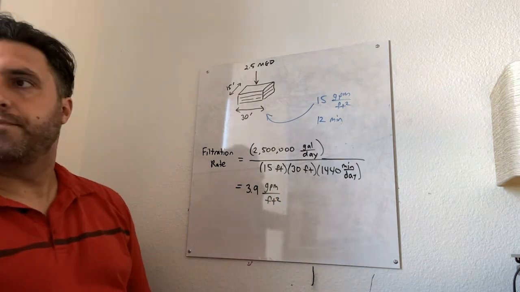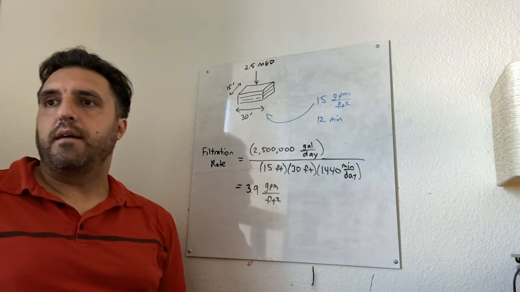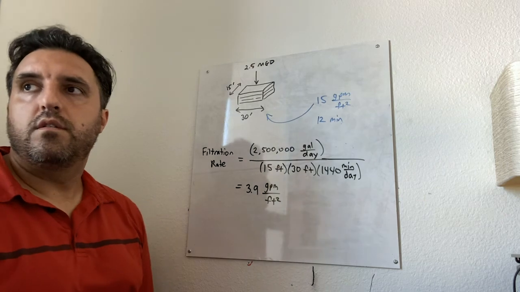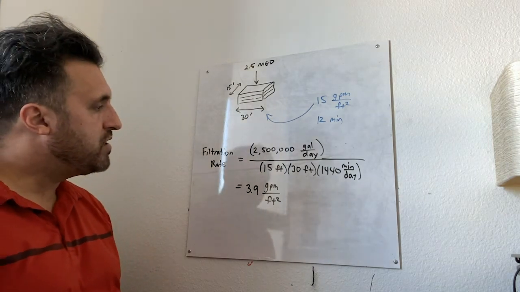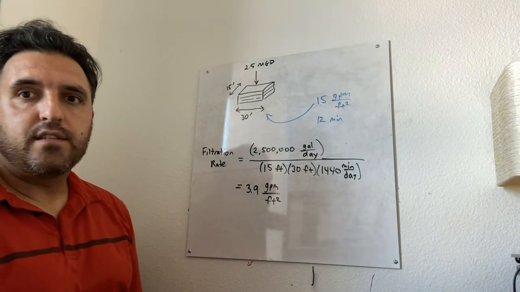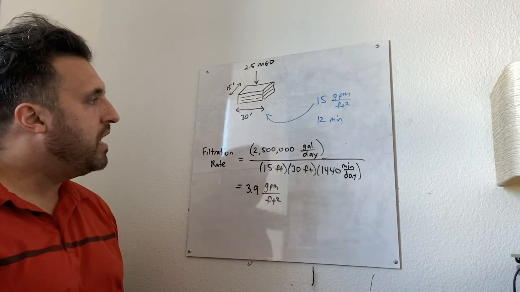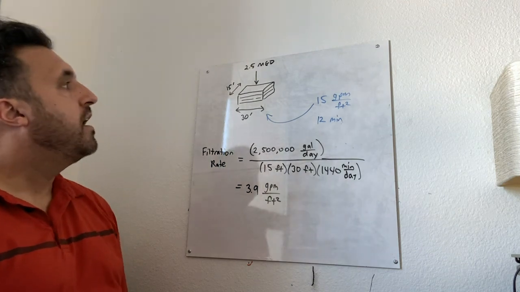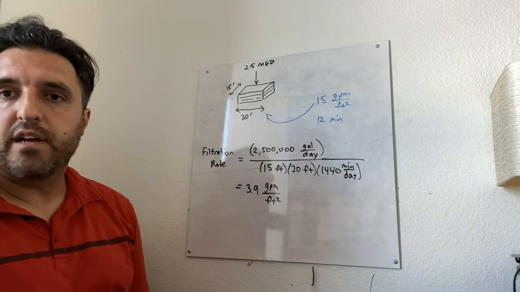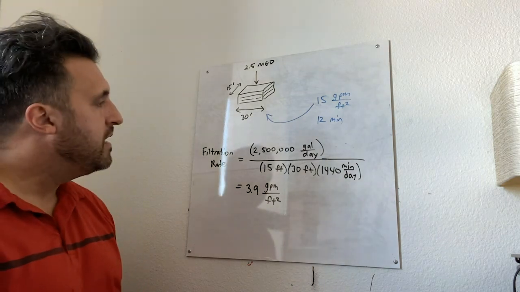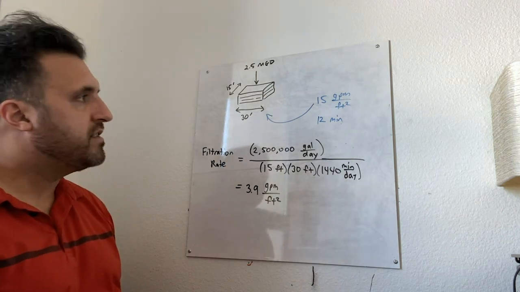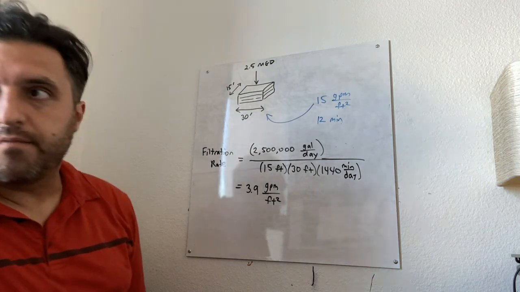per square foot. So next step is to calculate the volume of wash water needed and to compare that to the amount of water that we're treating during a 24-hour period before backwashing, so that we can get an idea of the efficiency of the filter, the rejection rate.